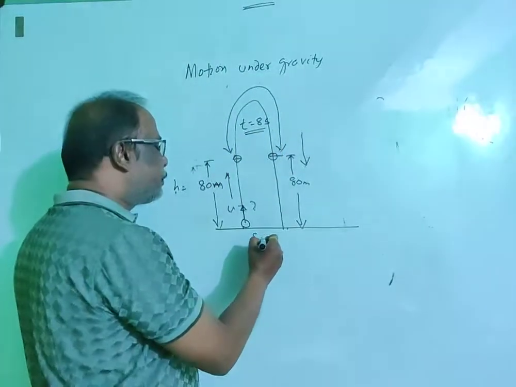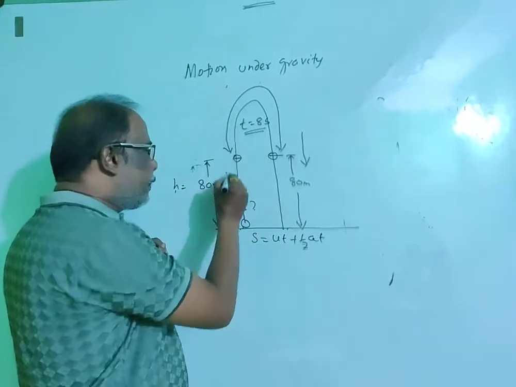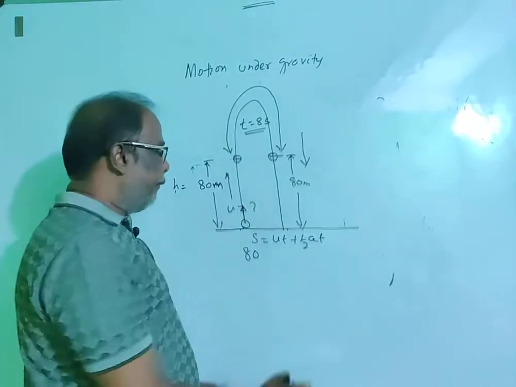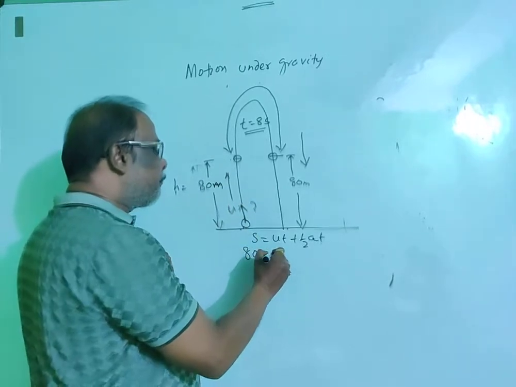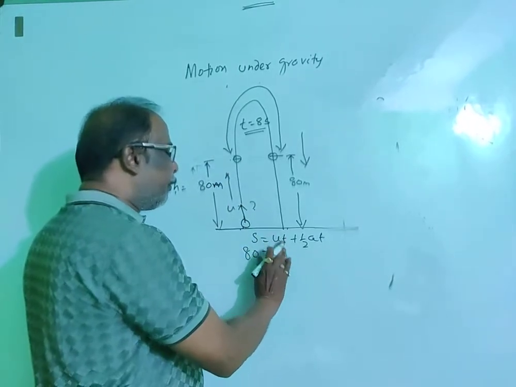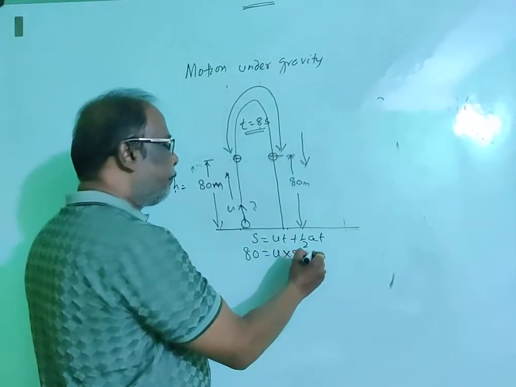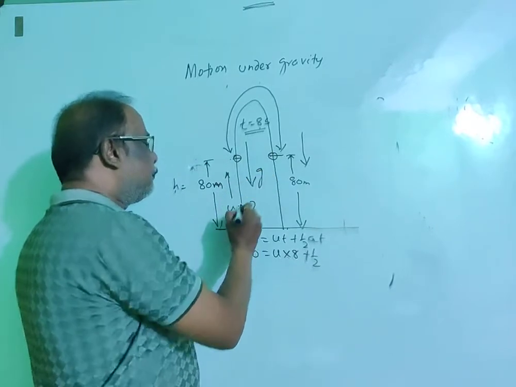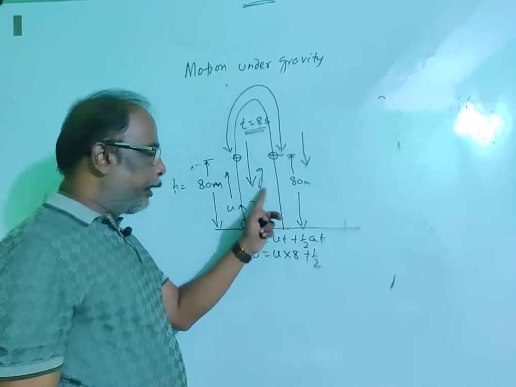The general equation is s is equal to ut plus half at square. Displacement is 80, so in place of s we can take 80. Initial direction is positive, so u is positive, t is 8 seconds, ut plus half a t square. Initial velocity and acceleration due to gravity are opposite in direction.